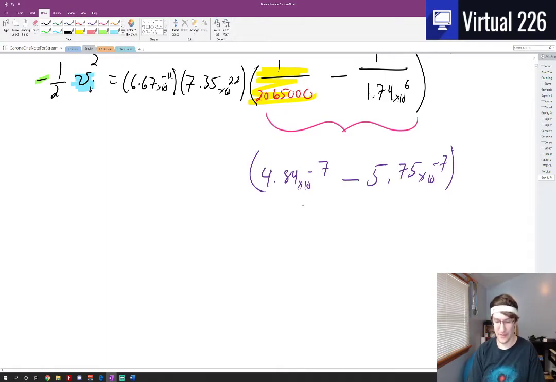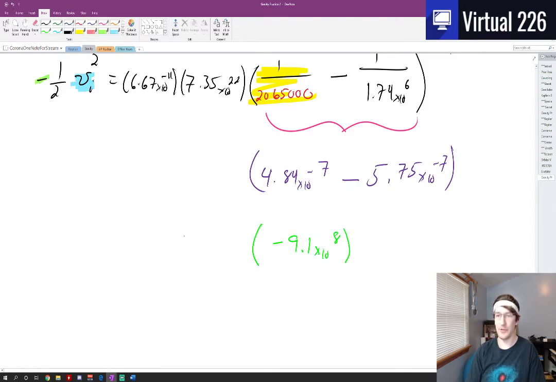So let's do the whole thing just in case we make a mistake: 4.84 times 10 to the negative 7 minus 5.75 times 10 to the negative 7. This is going to give me negative 9.1 times 10 to the negative 8th.